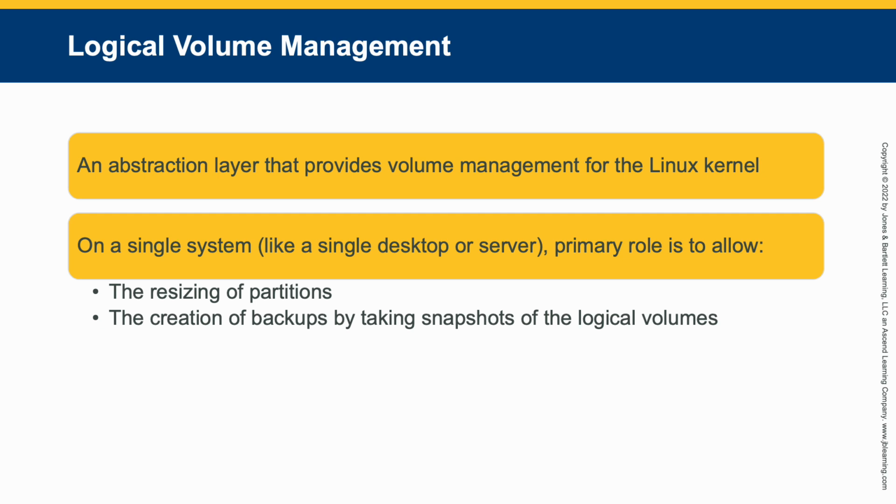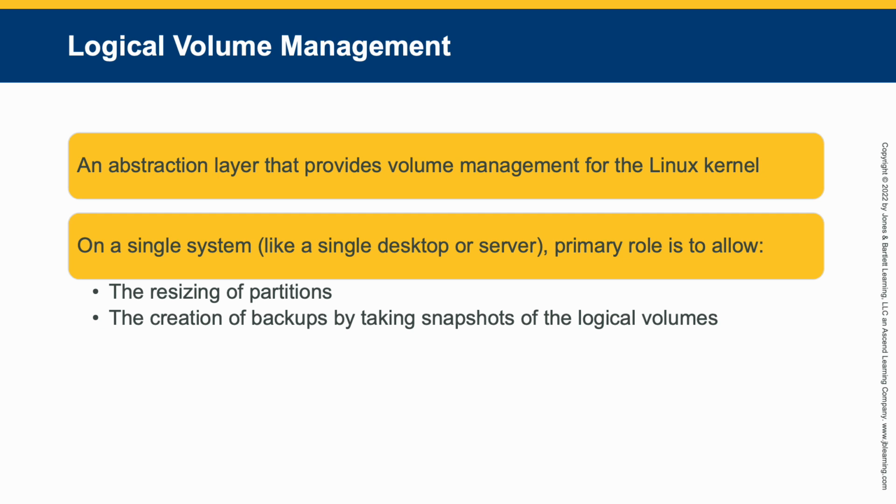LVM introduces several key concepts such as physical volumes, volume groups, and logical volumes, which work together to create a versatile storage management solution. Physical volumes are the underlying disk partitions or entire disks that are used as building blocks.